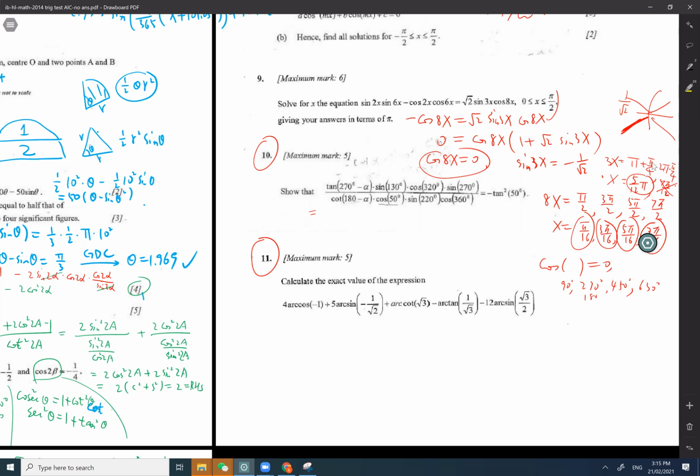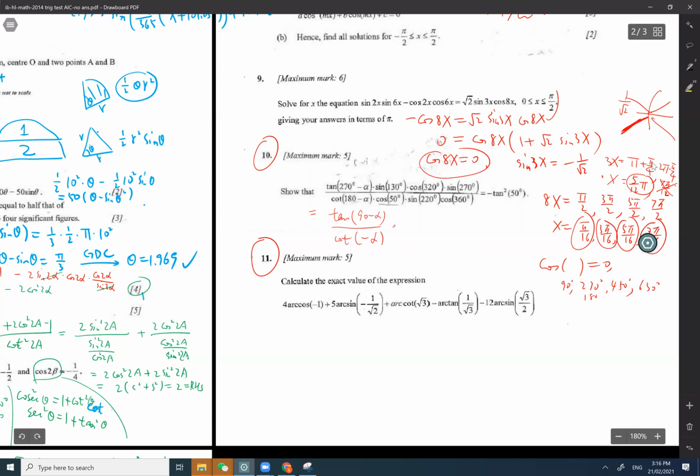How do we simplify tan? Some idea here. Tan x, if angle minus 180, the value has no change. So you can say this is just tan 90 minus alpha. This is cot negative alpha.